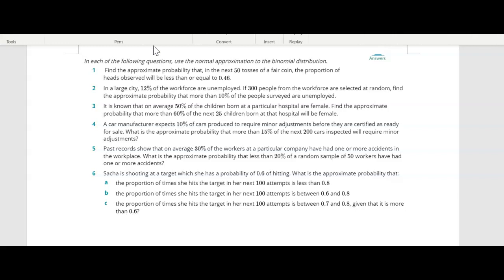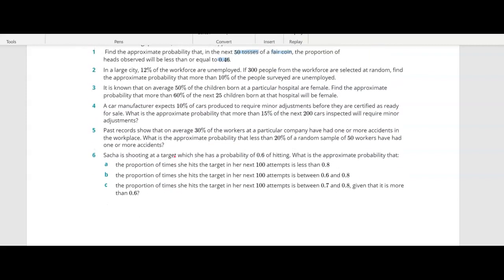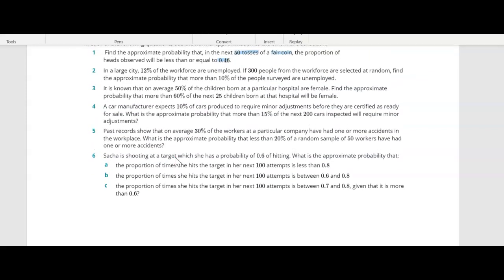Okay, so find the approximate probability that in the next 50 tosses of a fair coin, the proportion of heads observed will be less than or equal to 0.46. All right, so let's just write the answers down here. Keep that on the screen a little bit.